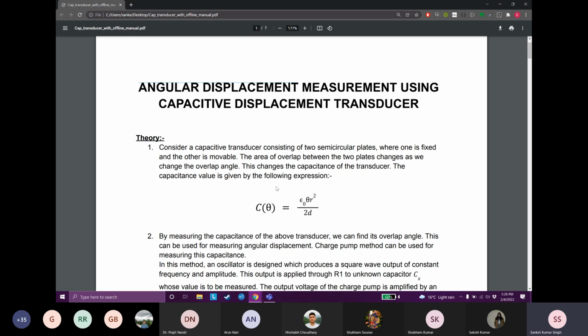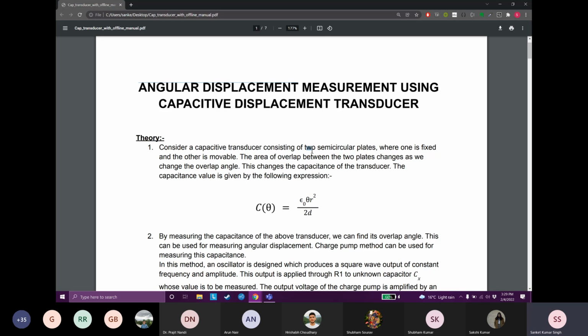Okay, so in this experiment we'll be measuring this angular displacement using a capacitive displacement transducer. The capacitance of this transducer will be varying with theta, and we'll measure the capacitance value to get the value of theta. This transducer consists of two semicircular plates, and one of them is movable.